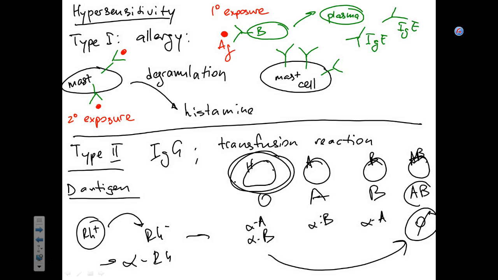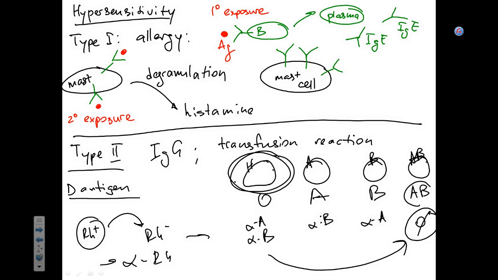So what will these anti-rhesus antibodies react with? What do they recognize? Rhesus factor, right? They will recognize the antigen.